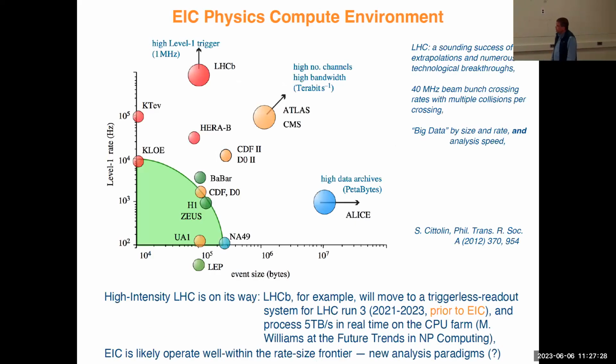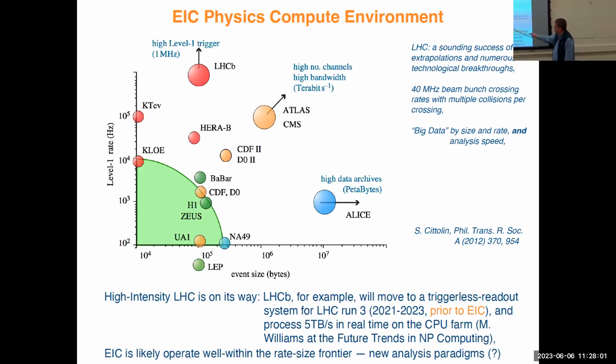If you look at a figure like this, this is very experimental in a way. It's from the startup of the LHC. What does it aim to do? It aims to map out where the frontier is in terms of event size of an experiment on the one hand, and call it trigger rate at some level on the other axis. If you plot your different experiments, you will find that there is some form of frontier, and that there are simpler experiments.